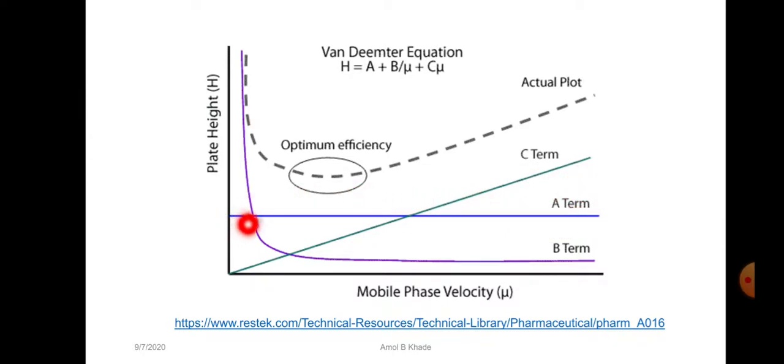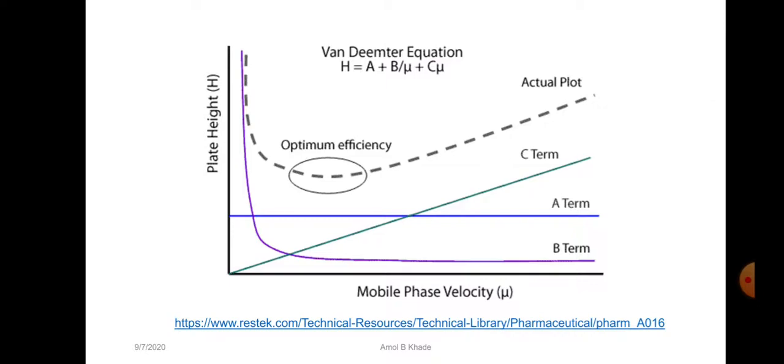You can see here the mobile phase velocity or flow rate has been increased on the x-axis, but A remains constant, whereas the term B, that is the molecular or longitudinal diffusion, B by mu, decreases drastically in the beginning with increase in the flow rate of the mobile phase.